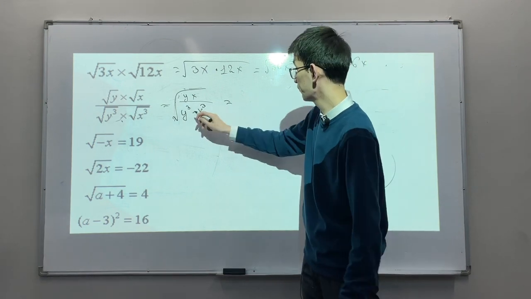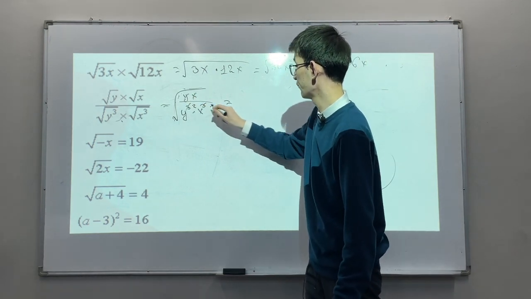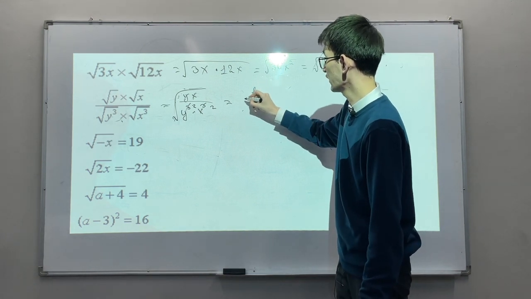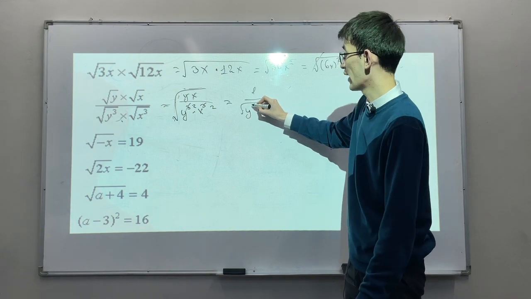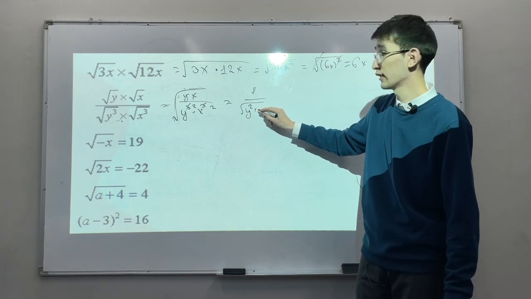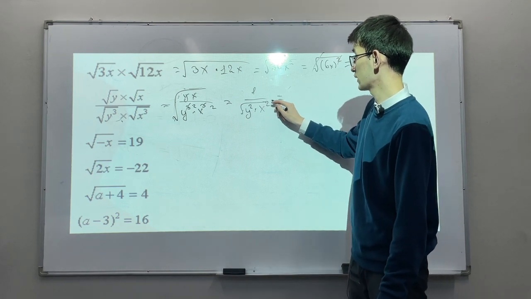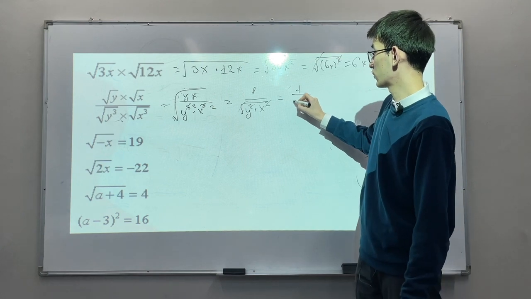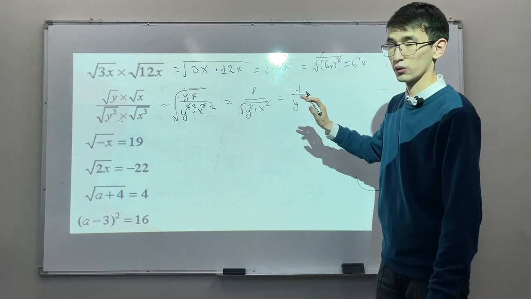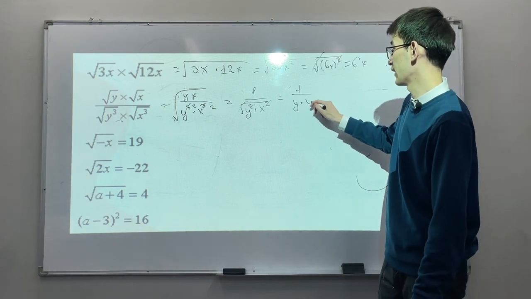We simplify them and we get 1 divided by the square root of y squared multiplied by x squared. We simplify and we get just 1 divided by y multiplied by x.